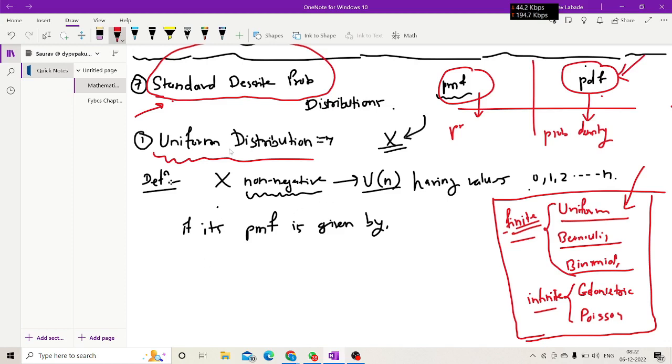Suppose I have a random variable capital X, and it is assuming non-negative values, that is 0, 1 up to n.